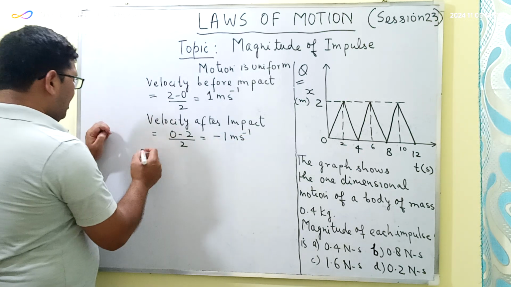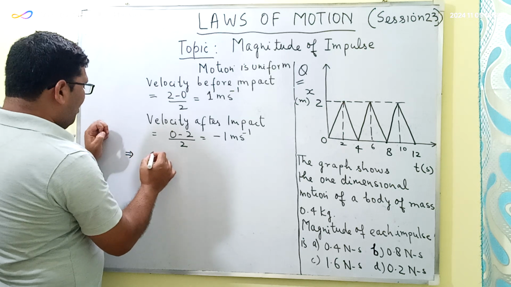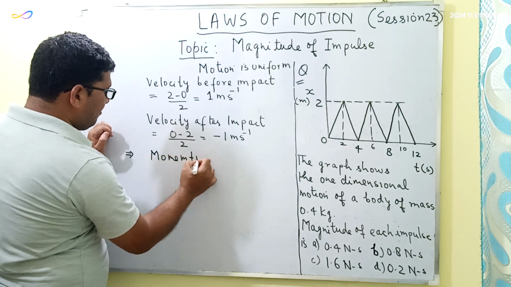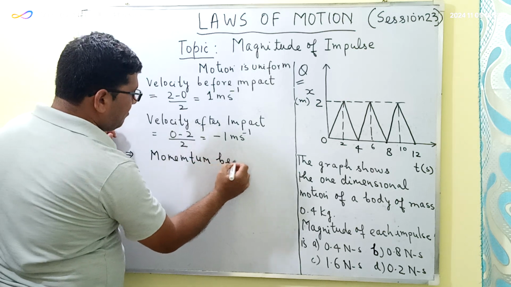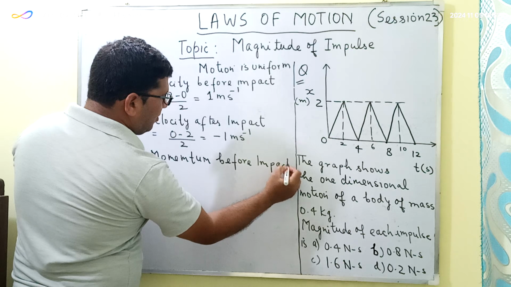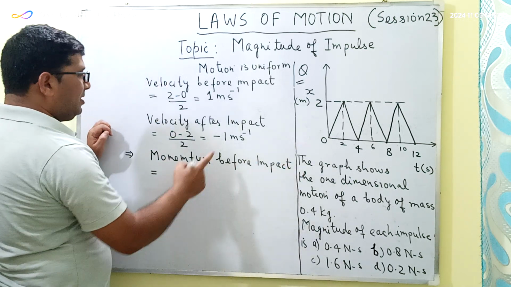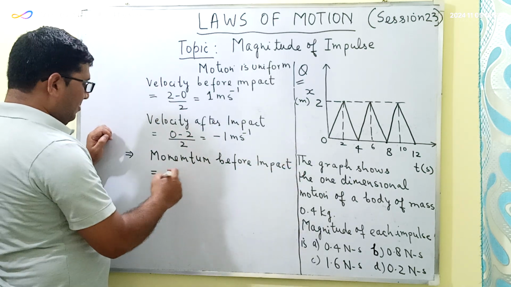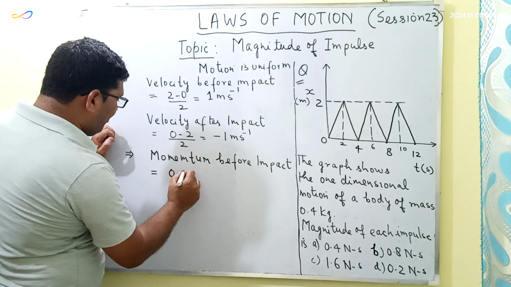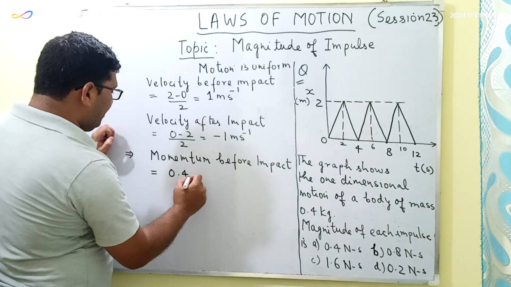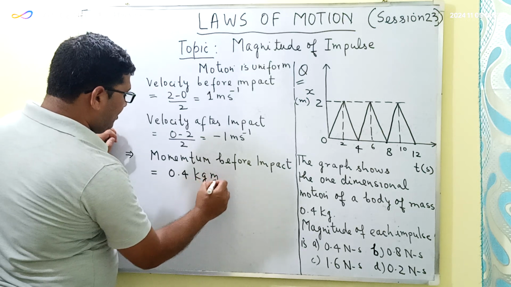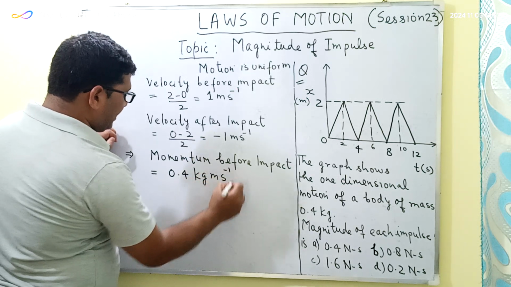So now the momentum before the impact will be equal to mass into the velocity, which is equal to 1 meter per second. So this is equal to 0.4 into 1, which will be equal to 0.4 kg meter per second.